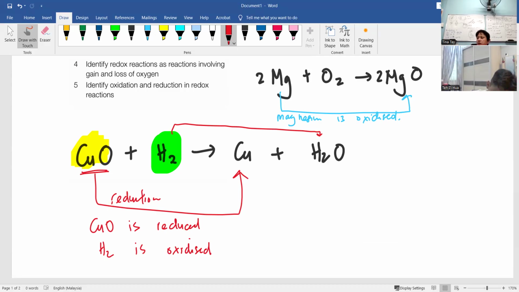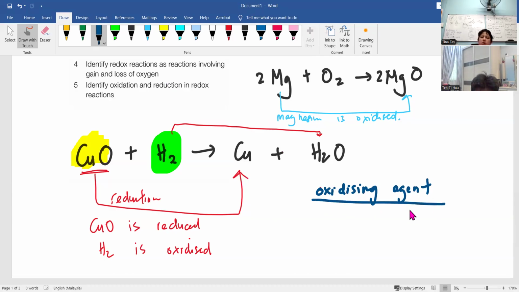Okay. Ready? Okay, so now there's something called oxidizing agent and reducing agent. So oxidizing agent is the one that causes somebody else to be oxidized.